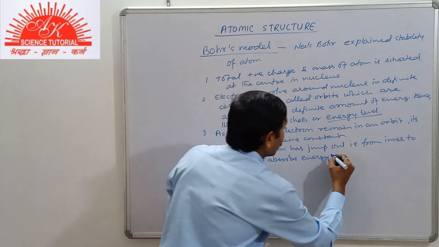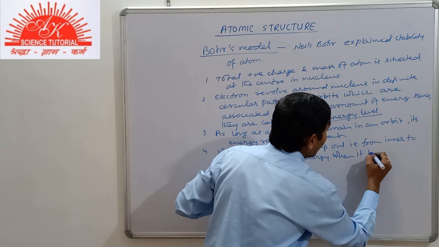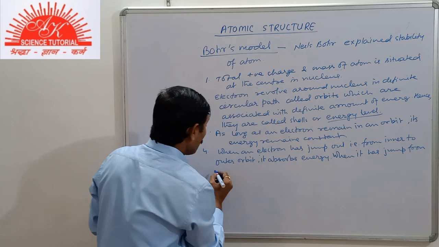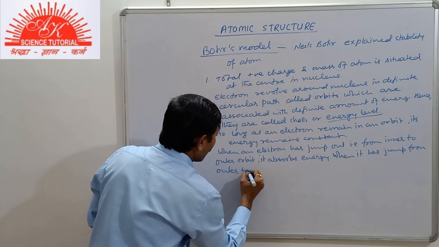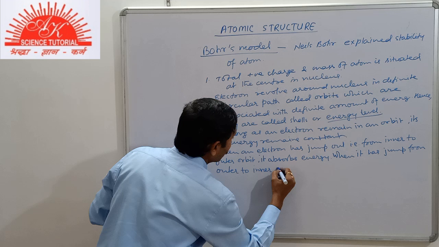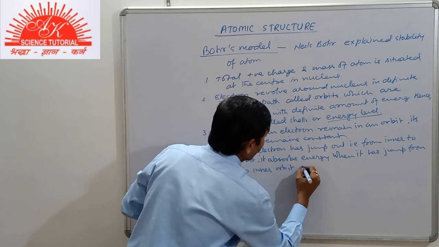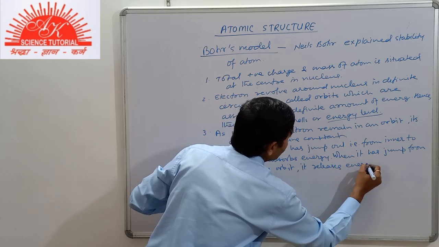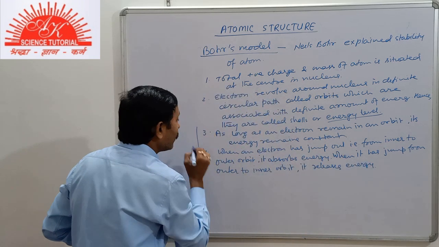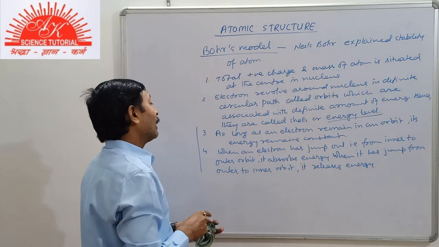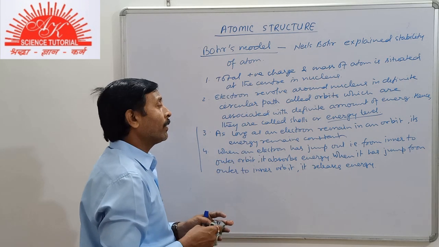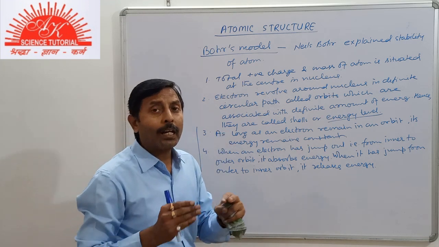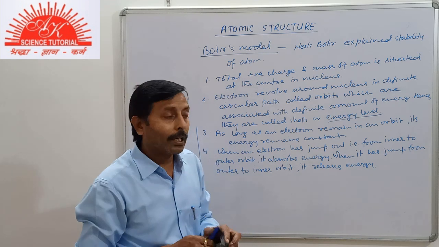And when it has to jump from outer to inner orbit, it releases energy. So these points were able to explain the stability of the atom. It means an electron can remain in its orbit with a constant amount of energy endlessly. Its energy will not change unless it has to jump from one orbit to another orbit.